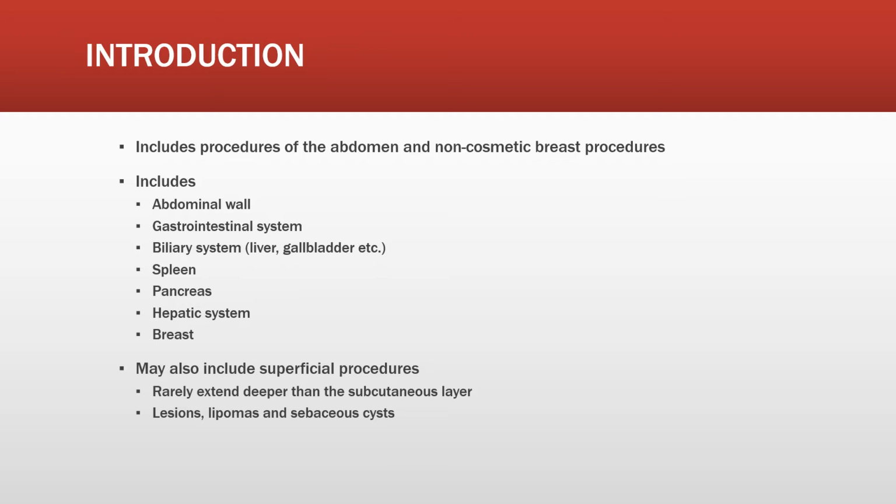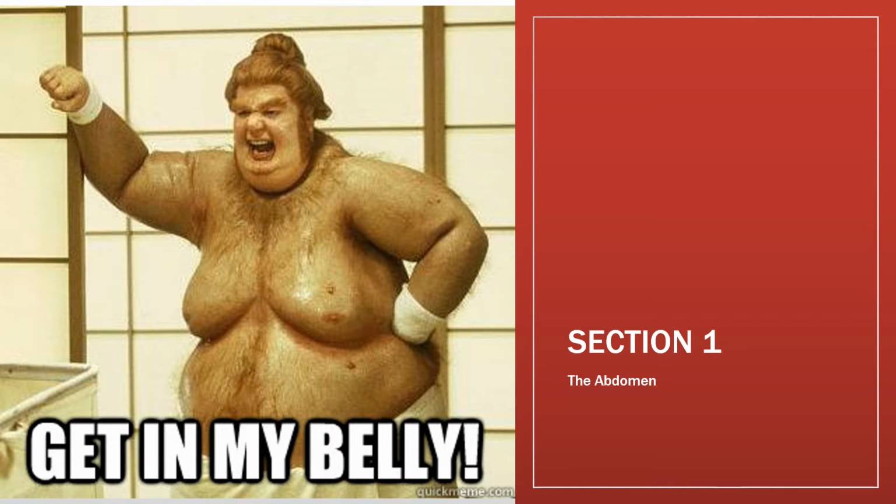These may also include some superficial procedures that rarely extend deeper than that subcutaneous fat layer just under the skin. And that's going to be our lesions, lipomas, sebaceous cysts, and things of that nature. All right, so we're going to start off with section 1, which is going to cover the abdomen.